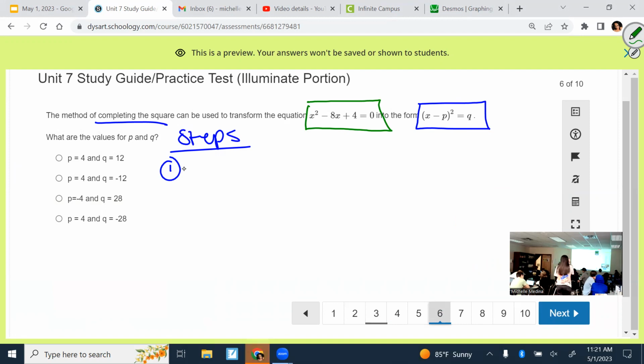Equal to what? It wants it equal to c, if you remember. If you don't believe me, look at your notes, like lesson 12 or 13. But for completing the square, it wants you to rewrite it as x squared plus bx equals c. So how can I make it into that format?